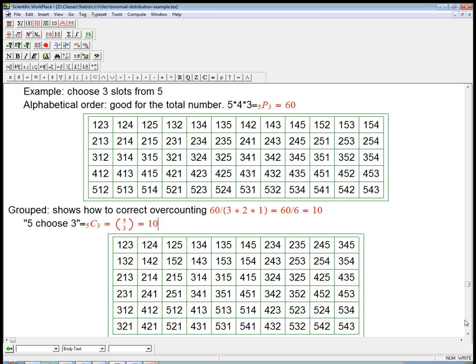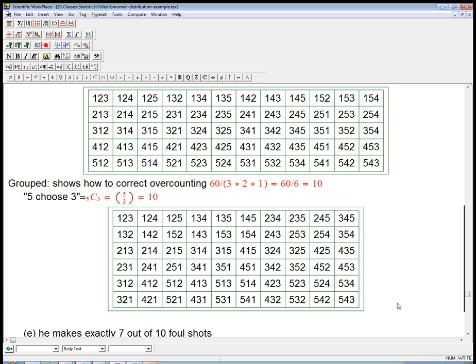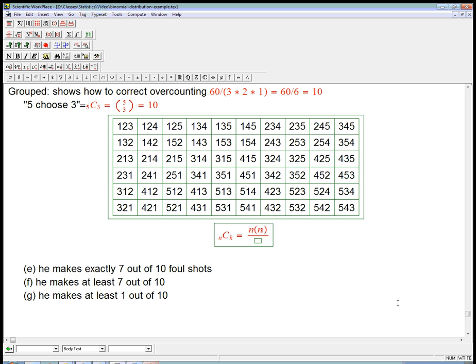Okay, so in general, here's the idea, and we're going to need that for our next problem. In general, n choose k is going to be, you take a fraction, n times n minus 1 times n minus 2 down to, well, this is a little tricky.